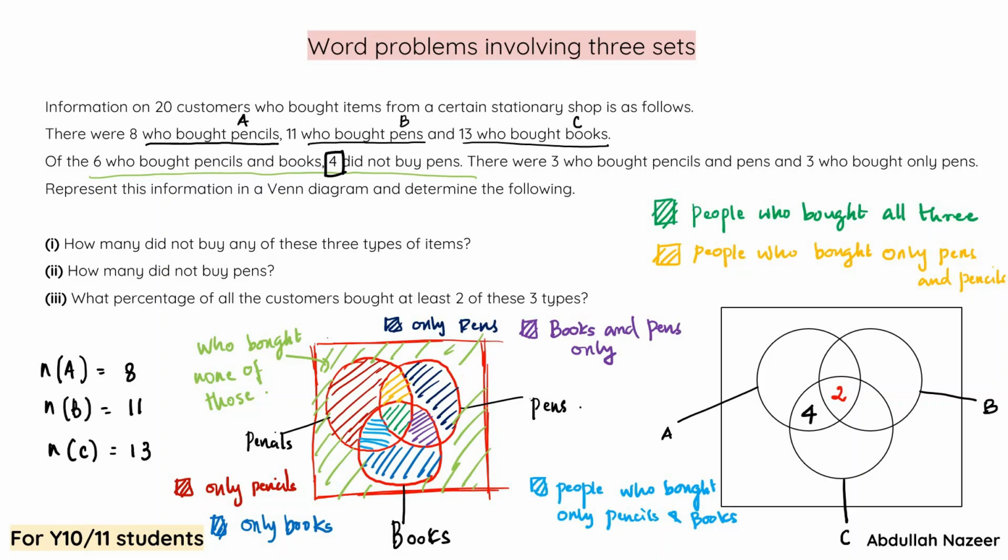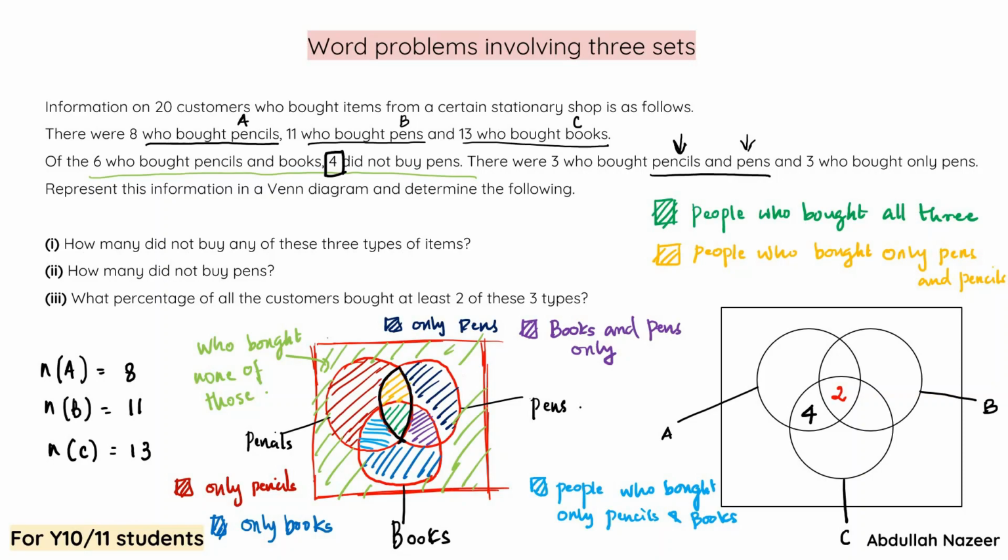So let's continue the question. They also say that there were 3 who bought pencils and pens and 3 who bought only pens. Now remember, they said 3 who bought pencils and pens. They didn't say pencils and pens only. So the overlapping region of the set pencils and the set pens is this region that I'm coloring in black here.